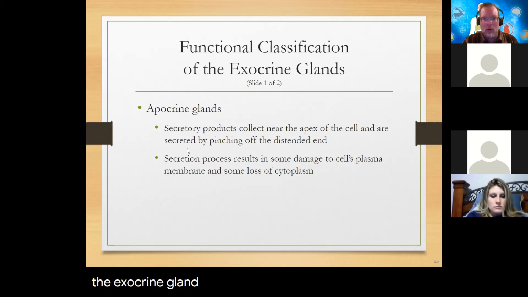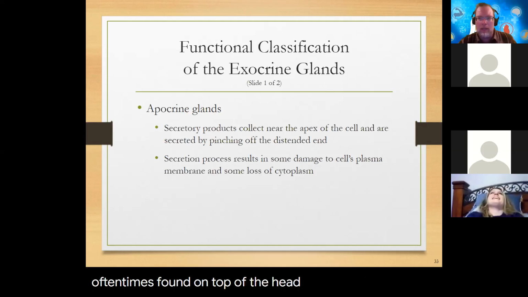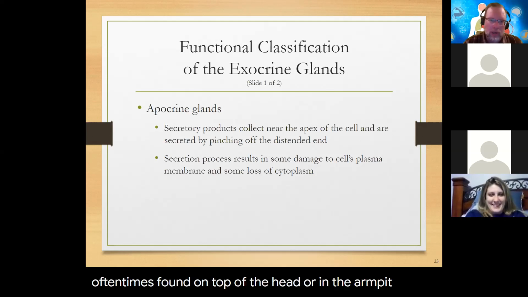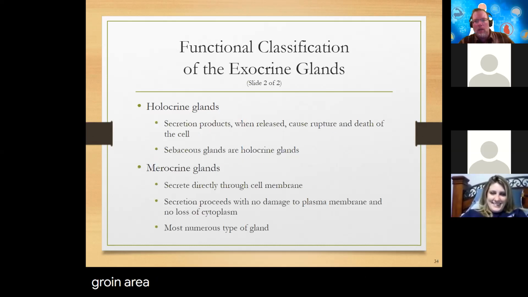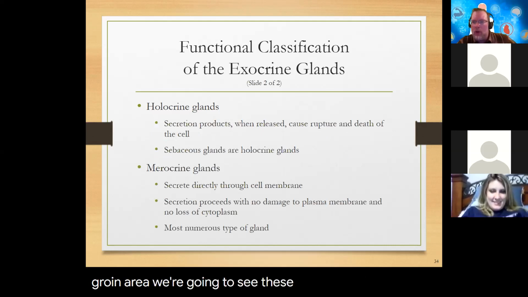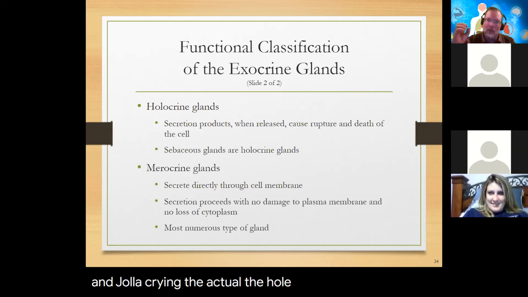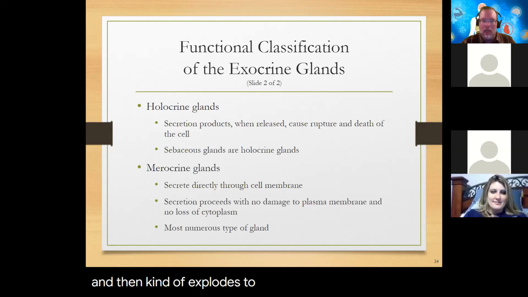So we have apocrine glands. These are oftentimes found on top of the head or in the armpit or groin area. Holocrine, we're going to see these as primarily oil glands, and in holocrine the whole cell actually detaches and then kind of explodes to release its chemical. Here's a holocrine.